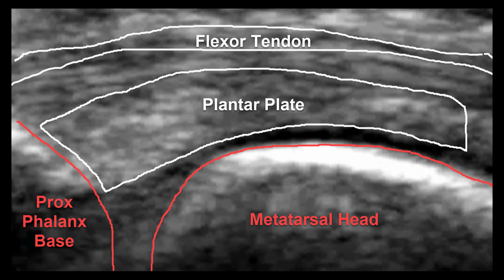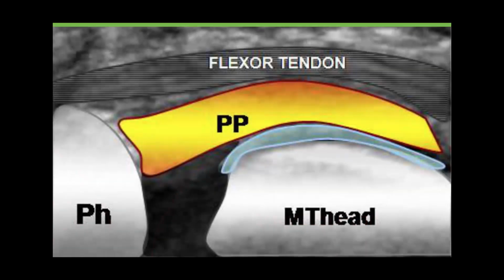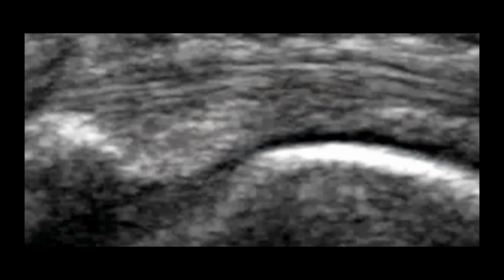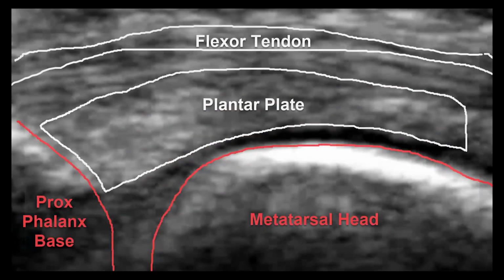The dark layer just above the metatarsal head on the bottom right of the image is the hyaline cartilage. Just above the hyaline cartilage, which would be plantarly anatomically, is the plantar plate. You can see that it's normal and intact, starting from the metatarsal head and going all the way over to its attachment into the proximal phalanx base.